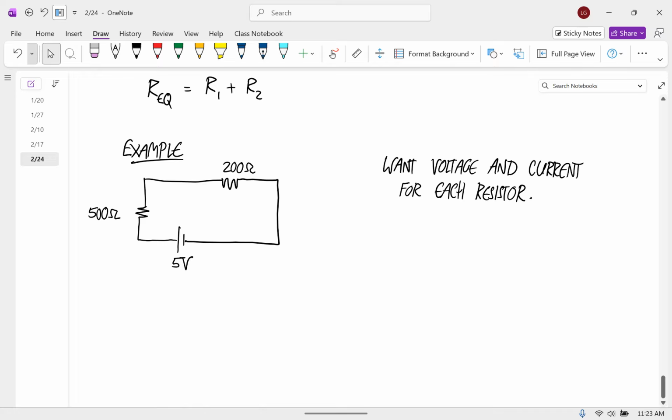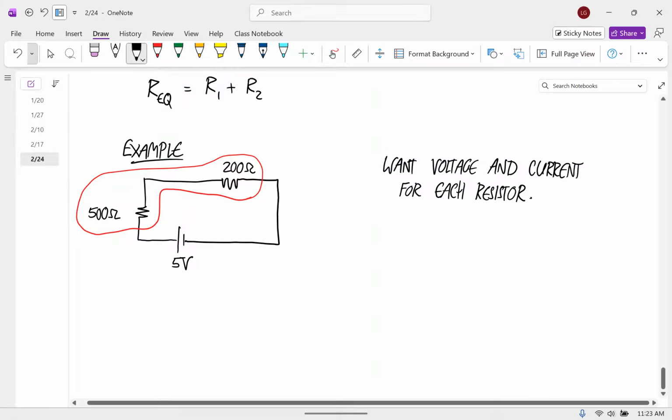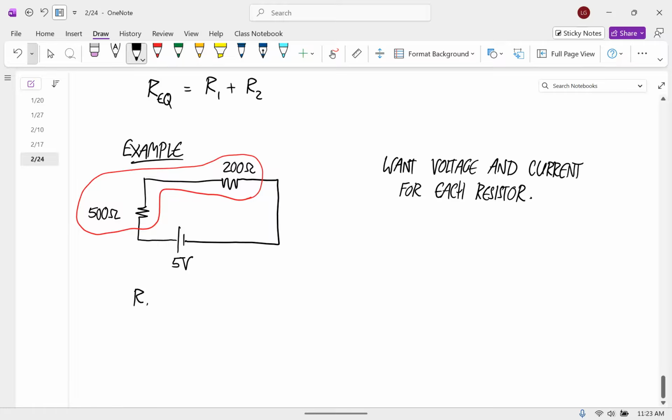Okay, well, I'm first going to lump them together. So I'm first going to say, okay, this is a single R equivalent. So R equivalent is equal to 500 plus 200.